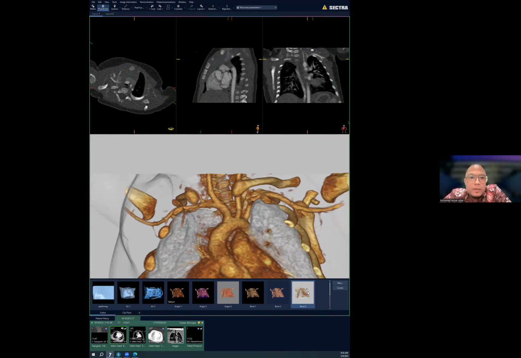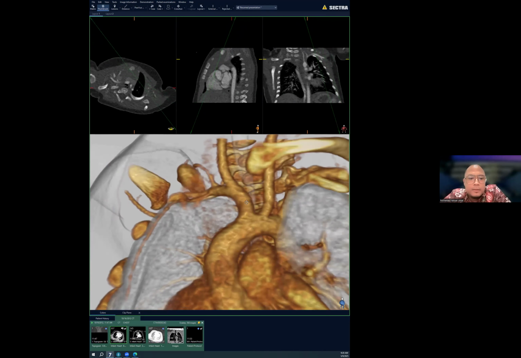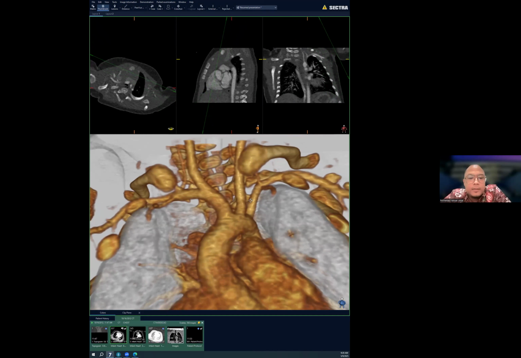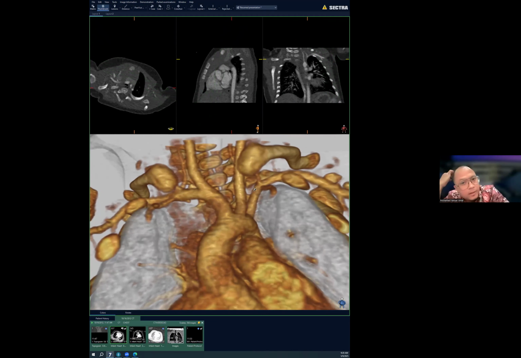And also I've read one of the publications about the bronchial compression, actually by the posteriorly displaced ascending aorta.